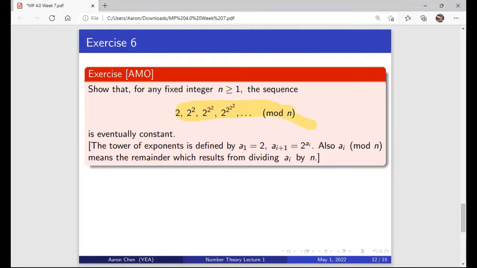Assume that it's false for some integer n. And so then that means that there is a smallest n, which we'll call b, for which the statement is false.